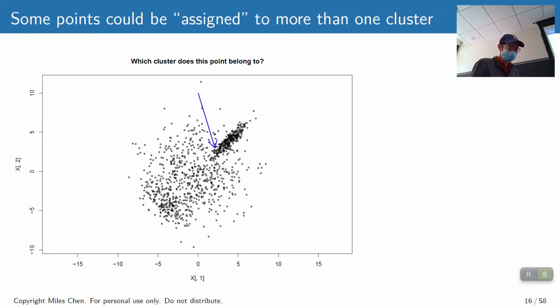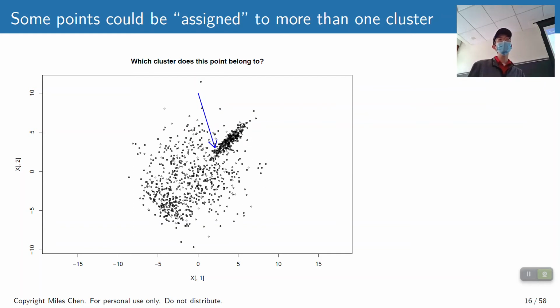One of the hard parts of this problem is, what if you have a point right here, at the end of this arrow, and we ask which cluster we assign it to? Is it part of this cluster centered at 4, 4 with high covariance, or is it part of the larger cluster centered at 0, 0, which has high variance?